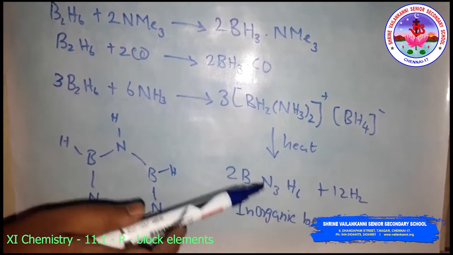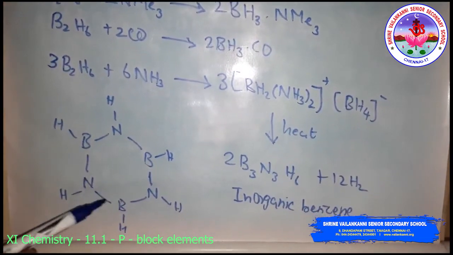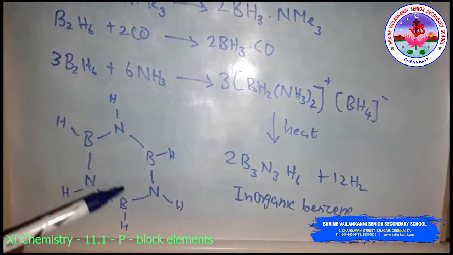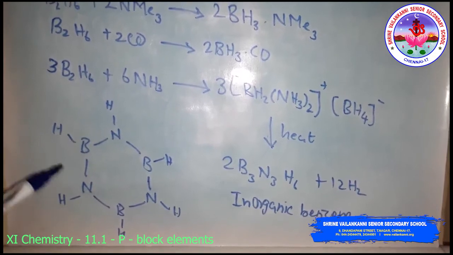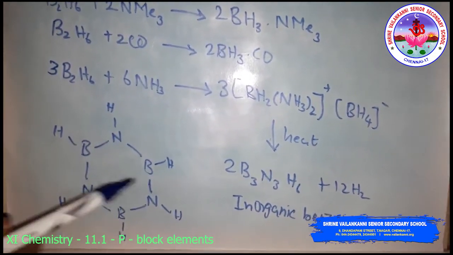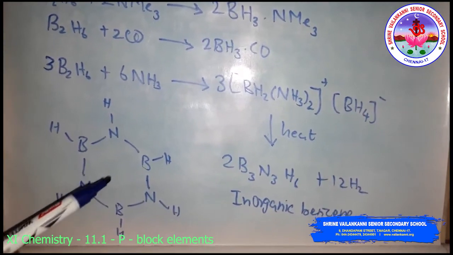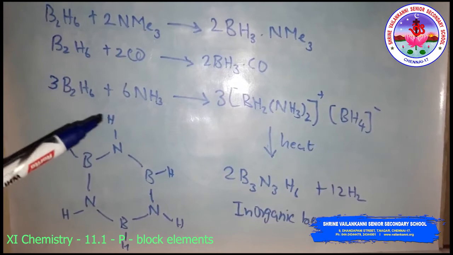Why is this called inorganic benzene? Because the structure looks like benzene, with the BH and NH groups in alternate positions. Okay, look at this: BH, NH, BH, NH. So the alternate position.